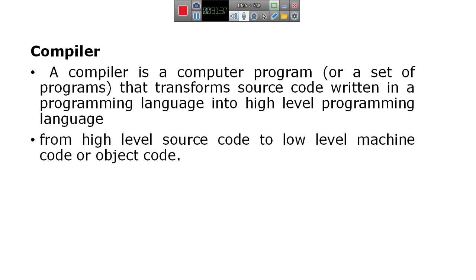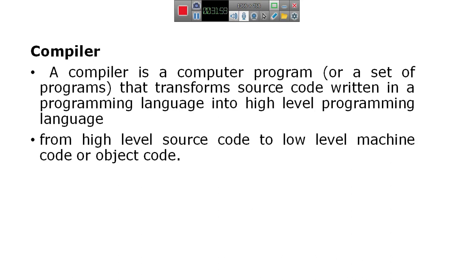The compiler only understands the rules, regulations and syntax of the particular programming language and converts its instructions to machine code in order to execute that code by a computer.